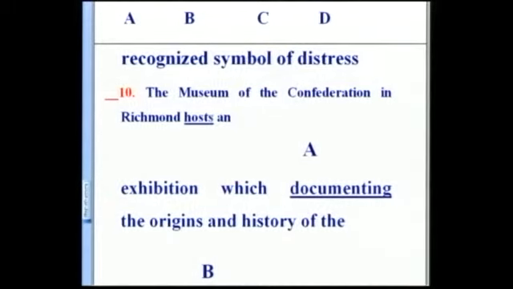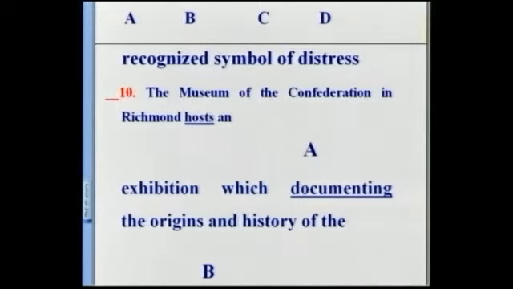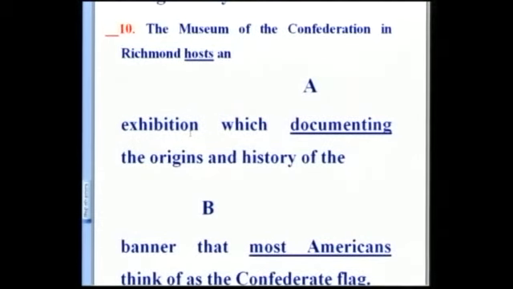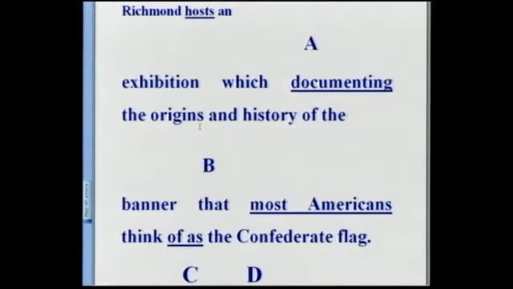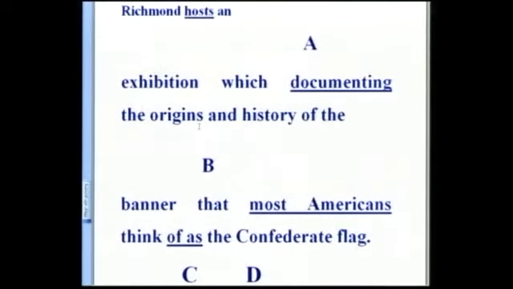The museum hosts: even if I don't know the word, it has an S and comes after the noun, so it's a verb. Museum singular, hosts singular. The Museum of the Confederation in Richmond hosts an exhibition which documenting the origins and history of the banner that most Americans think of as the Confederate flag. Which documenting: is documenting a verb or part of a verb? Either I say which is documenting, or more correctly which documents. Anyway, the mistake is in documenting, which is in B.